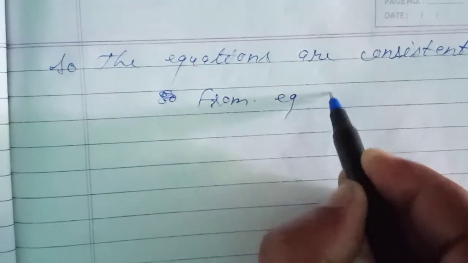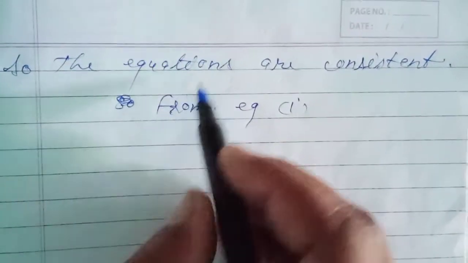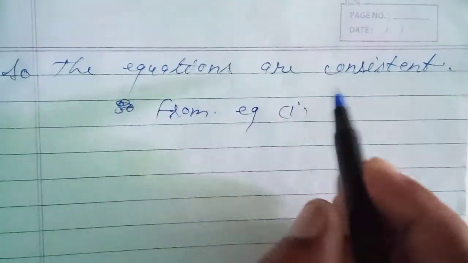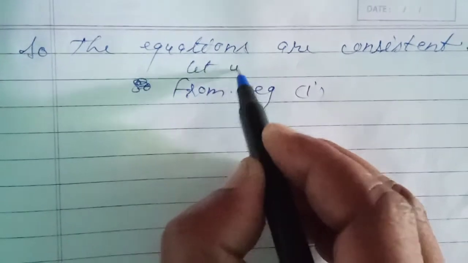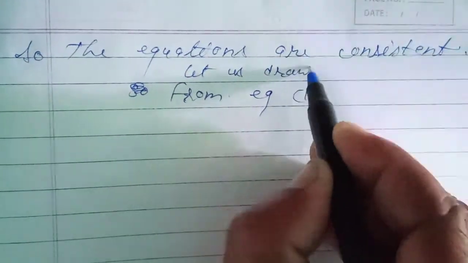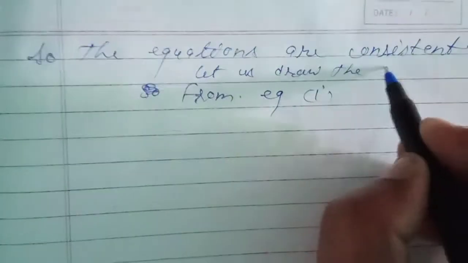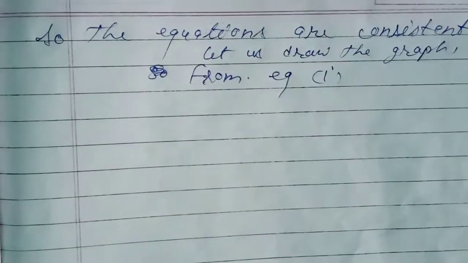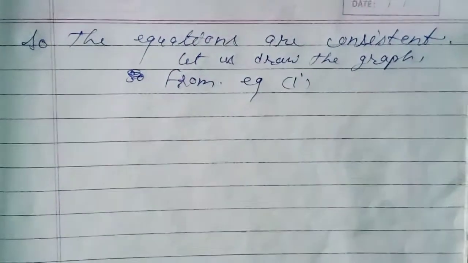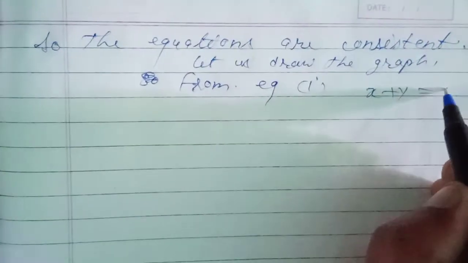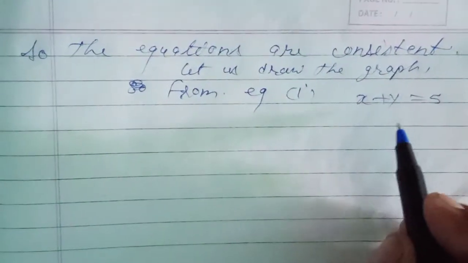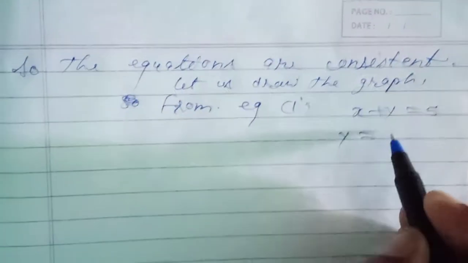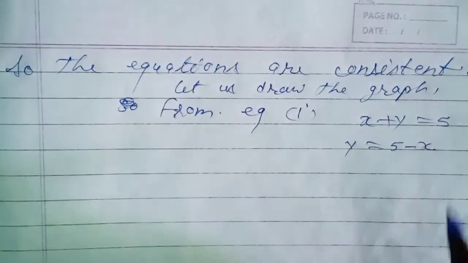From equation first. Equation first, x plus y is equal to 5. So y is equal to 5 minus x.